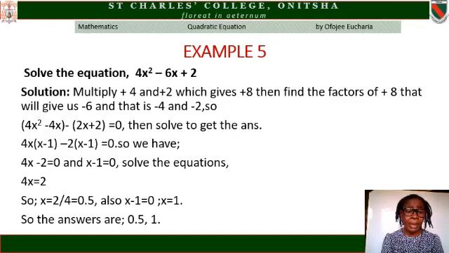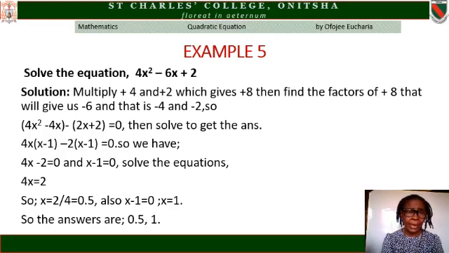Now, you remember the group method of factorization in our former topic. We now group 4x squared minus 4x in the first bracket and minus 2x plus 2 in the second bracket. We then find the factors of the individual brackets. In the first bracket, we have 4x as the common factor, and in the second bracket, we have minus 2.